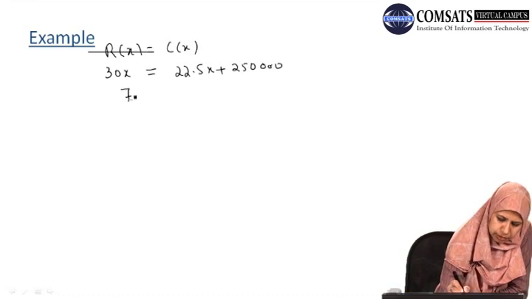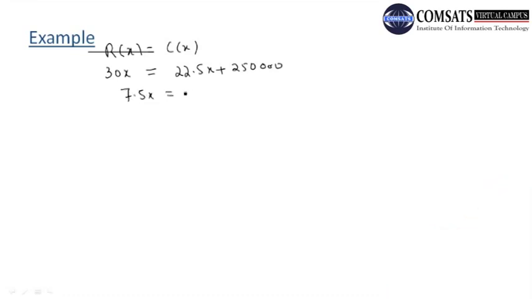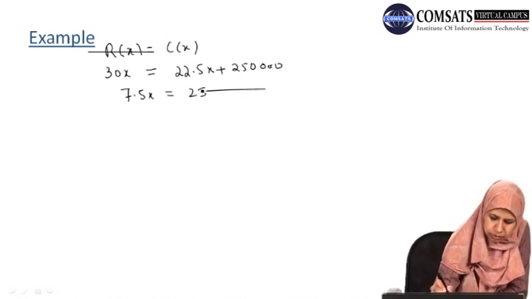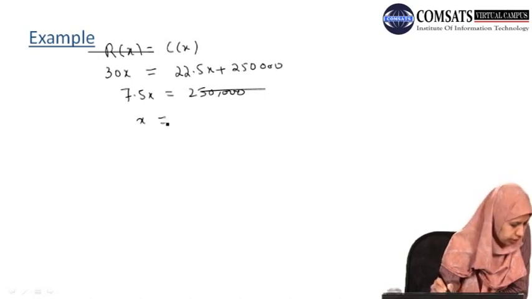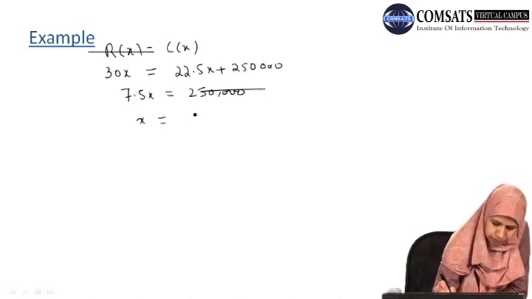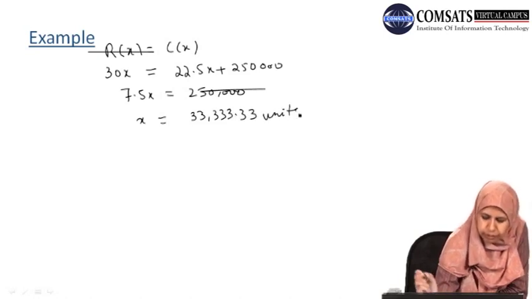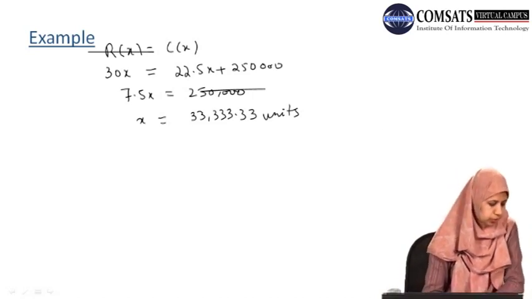Simplifying, we obtain 7.5x is equal to 250,000, and solving for x we obtain 33,333.33 units sold or produced.